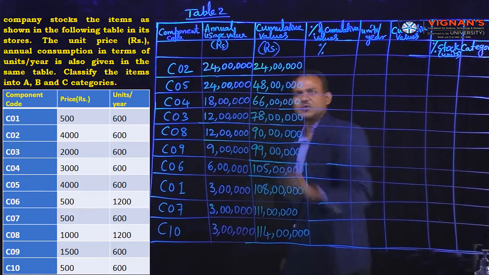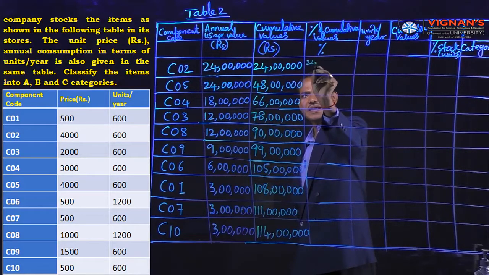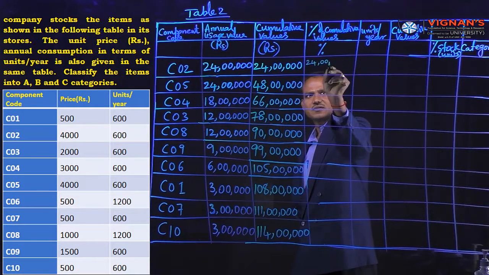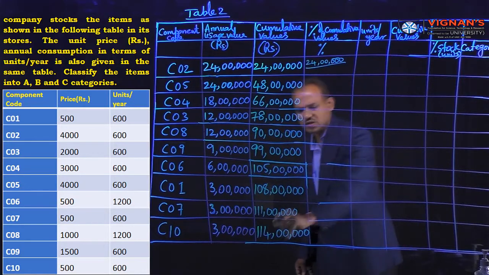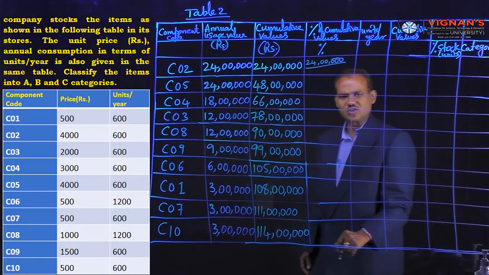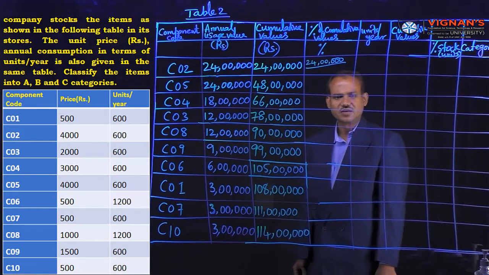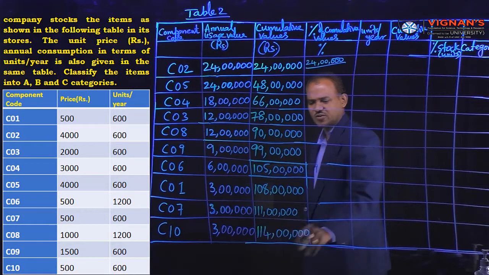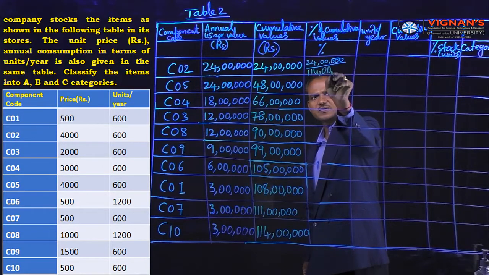for component 2, this value, that means 24 lakh, divided by the total value. For the last component, what is the cumulative value? That is nothing but the total value of all the components, that is 114 lakh.